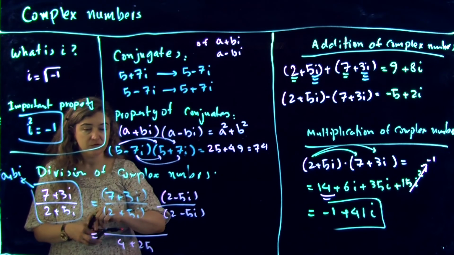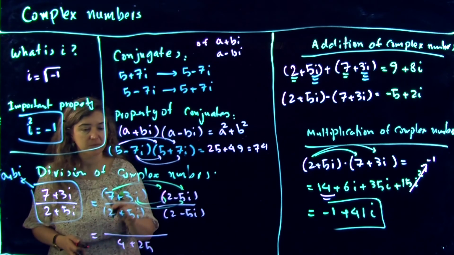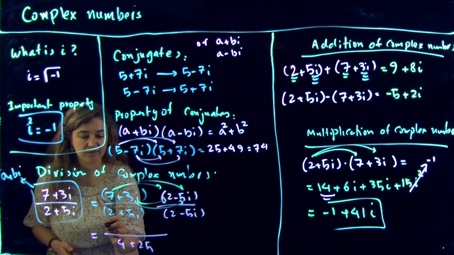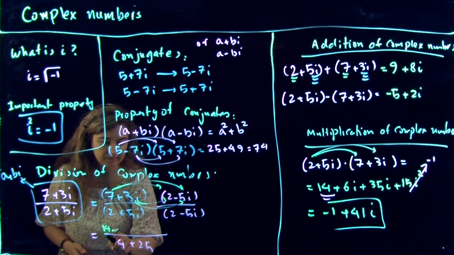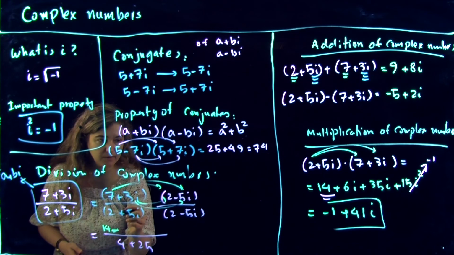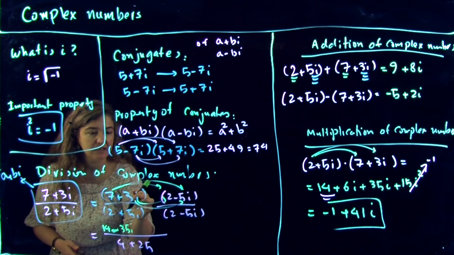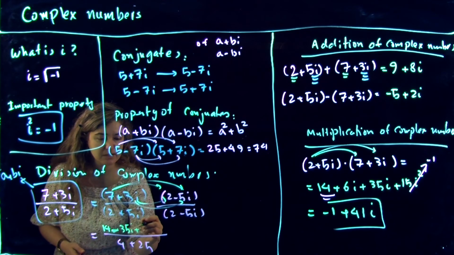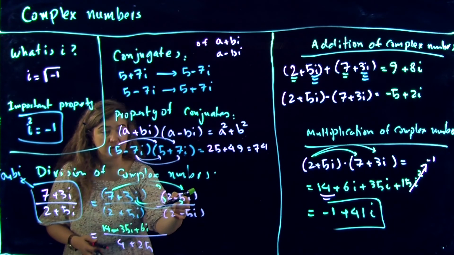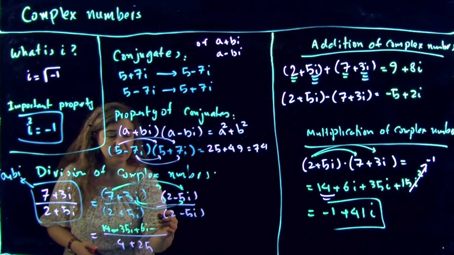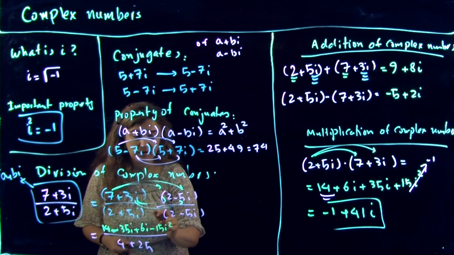The top I have to go over and do the multiplication, so it would be 2 times 7, which is 14, plus minus 7 times 5, which is 35i, then 3i times 2, which is 6i, then 3i times negative 5i, which is negative 15i squared. i squared is going to be, again, negative 1.